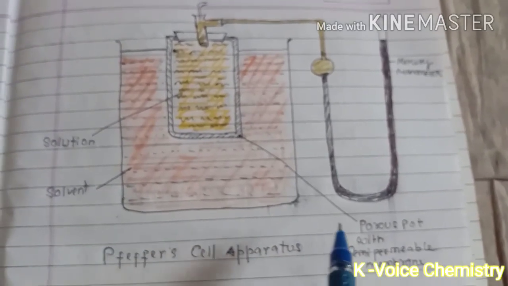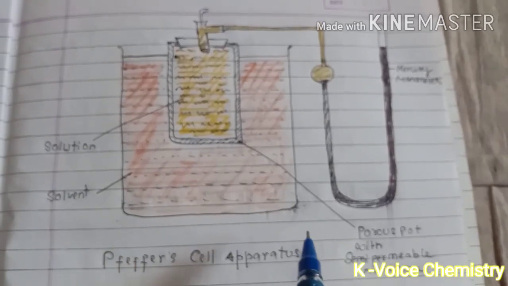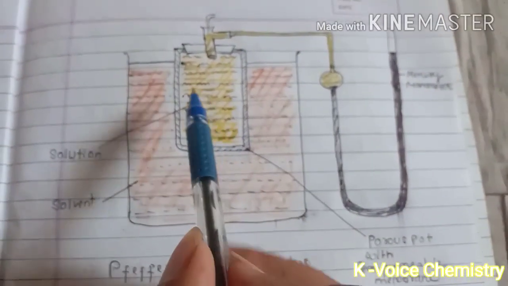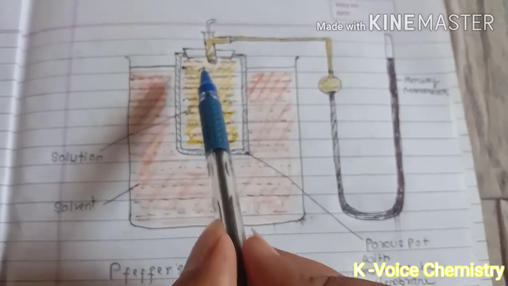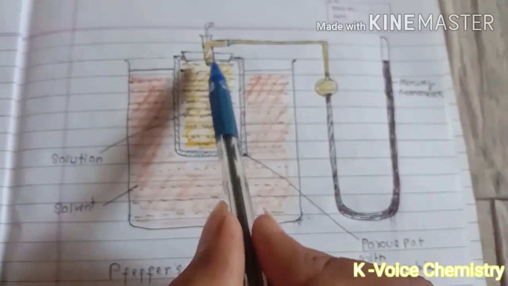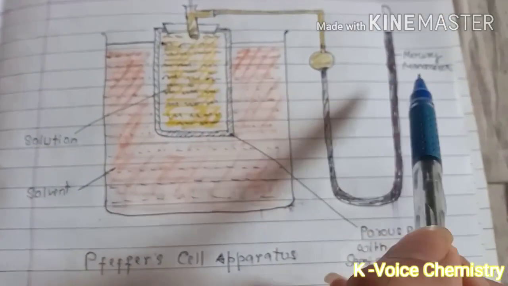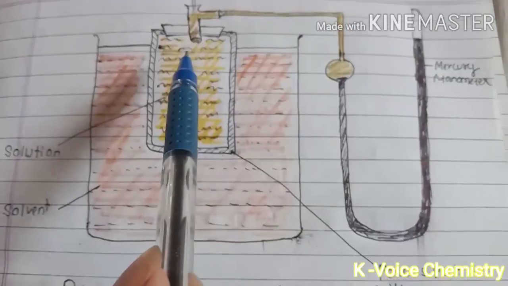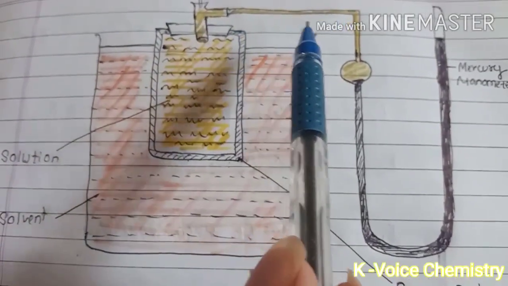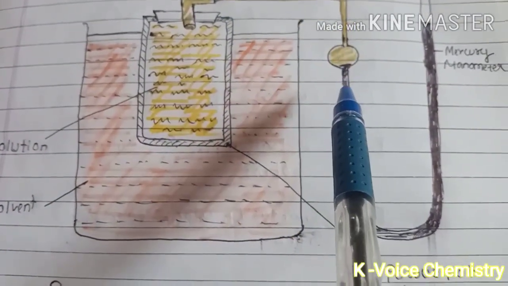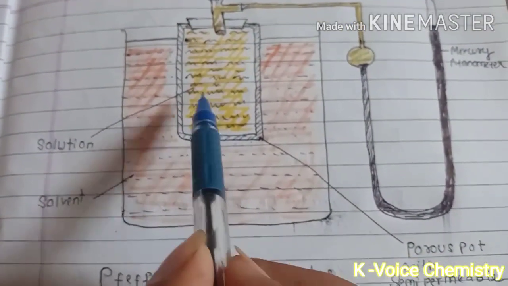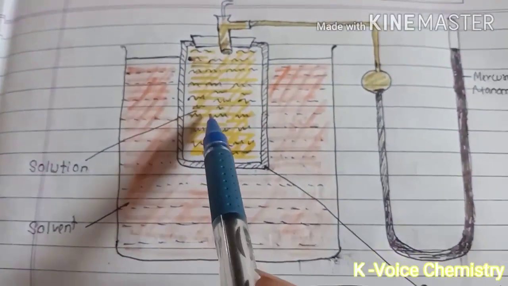The porous pot has a deposit of copper ferrocyanide in its pores, and this porous pot is connected via a tube to a manometer. It is a mercury manometer, and we are seeing that it is filled with a solution. And how will it be filled with the solution?